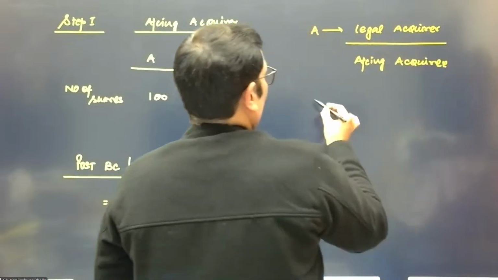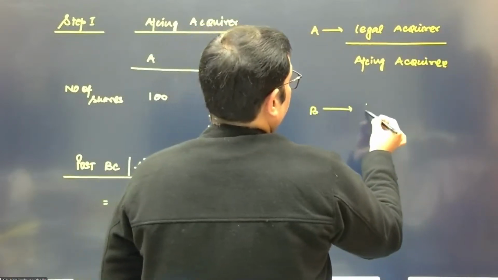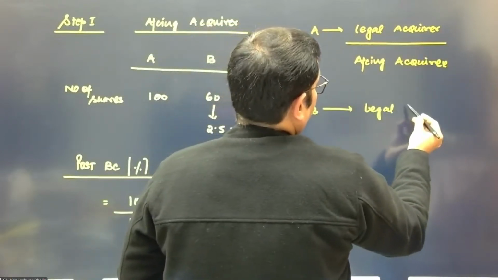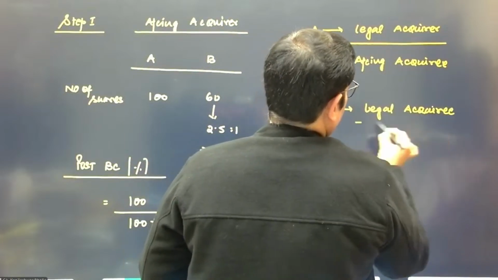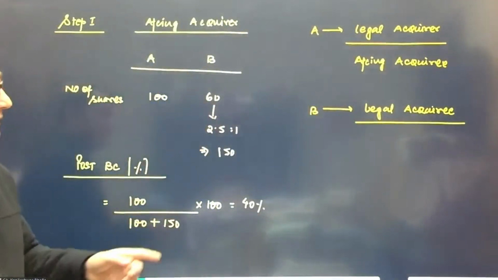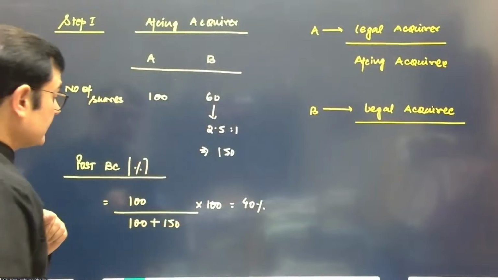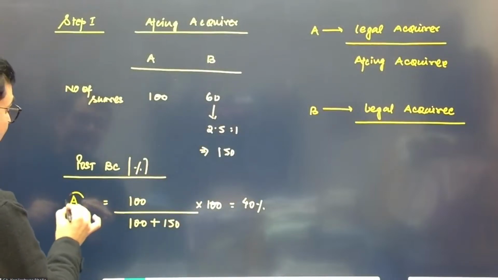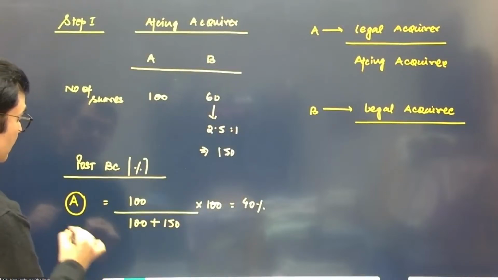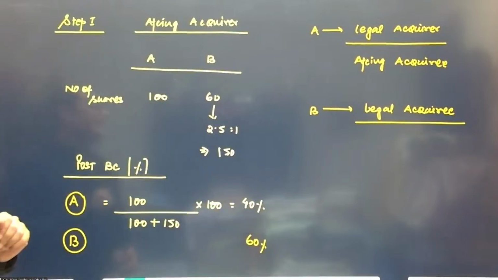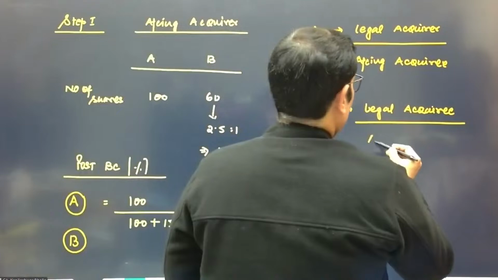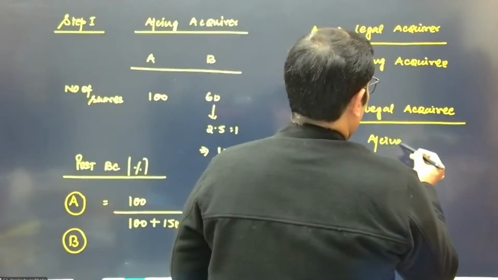And similarly, we can also conclude that B is the legal acquiree, but since he is getting control, because he is getting a 60% stake, this is the stake of entity A. And if you look at the stake of the shareholders of B, they're getting a 60% stake in their combined entity. So he is supposed to be the accounting acquirer.